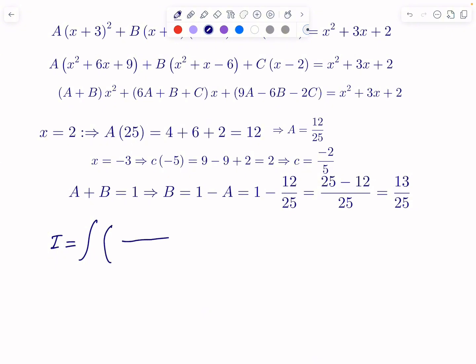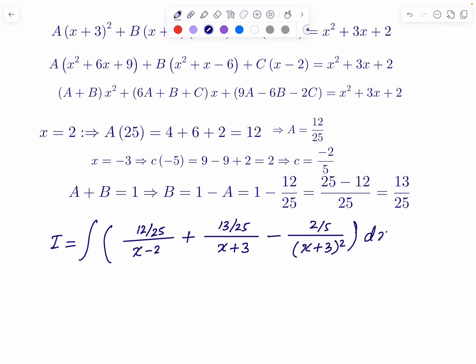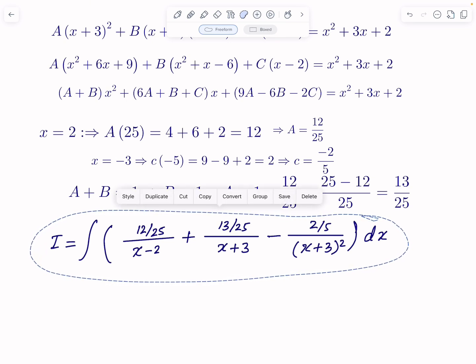Therefore, we're going to have I equals integral of A, which is 12 over 25 over x minus 2, plus 13 over 25 divided by x plus 3, minus 2 over 5 divided by x plus 3 whole squared. And this is dx.